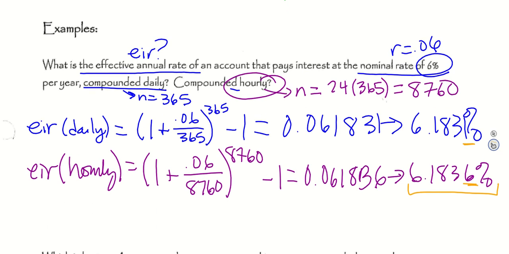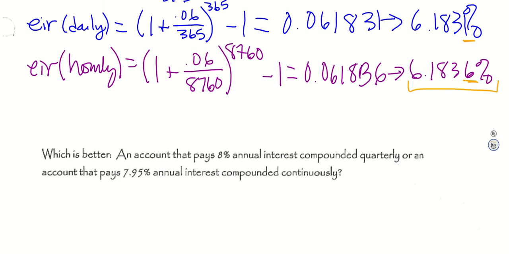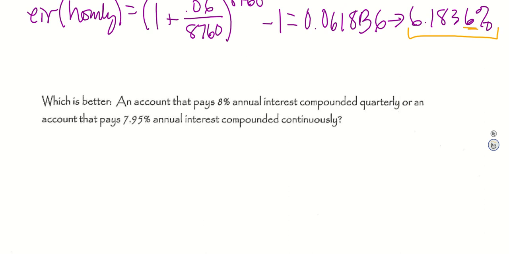Okay, so last example, we'll pull in the idea of continuous here. We have the question, which is better? An account that pays 8% annual interest rate compounded quarterly. So in this we get r equals 0.08 and n equals quarterly, that would be 4 times a year.